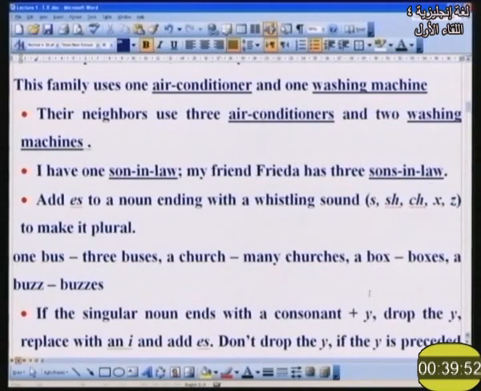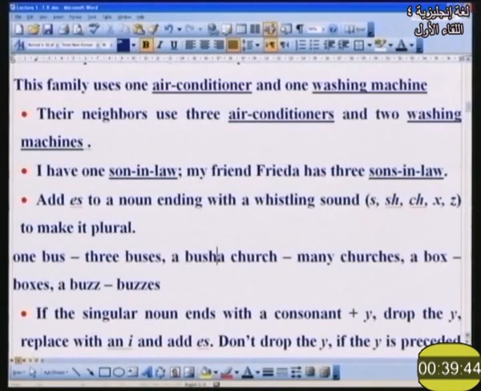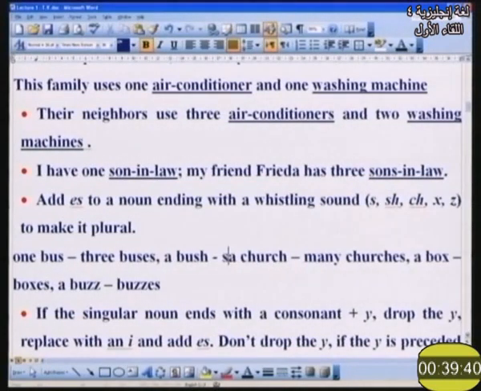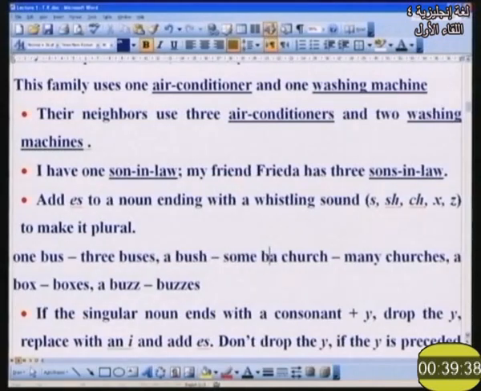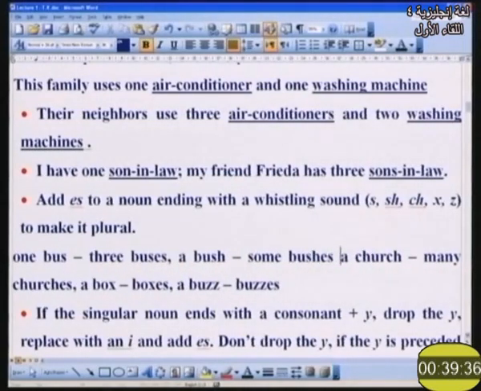1 bus, 3 buses. Okay, and we can say a bush, okay, and some bushes. You know the meaning of bush? Bush, it's like a small tree. شجيرة, this is what we call bush.